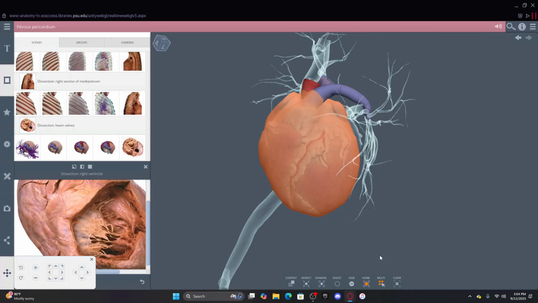So we have that one sheet: the front is the fibrous pericardium, and the back side of that sheet is the parietal serous pericardium.